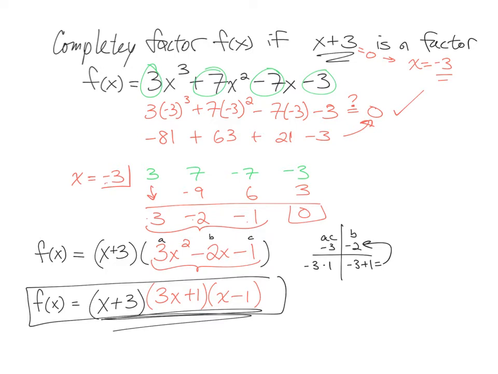It's generally a lot easier to do if you have it already factored. Like this 0 would be x equals -3, and we had already found that over here. But the 0 that corresponds with this factor would be x equals 1, and the 0 that corresponds with this factor would be -1/3. So these are the zeros. These up here are the factors.